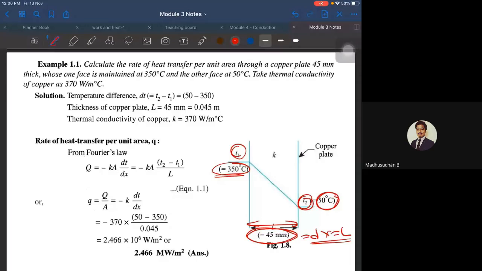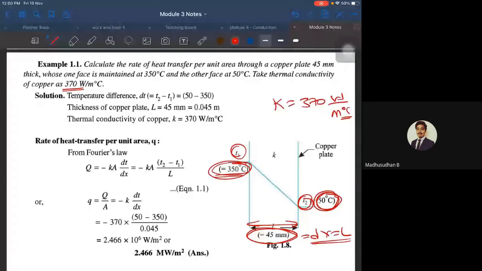Now, the thermal conductivity K of the copper is how much? It is 370 watt per meter degree Celsius, or degree Kelvin. Whichever is given, you have to take the same thing. Suppose your K value is in degree Celsius, then you keep the T1 and T2 values in degree Celsius.